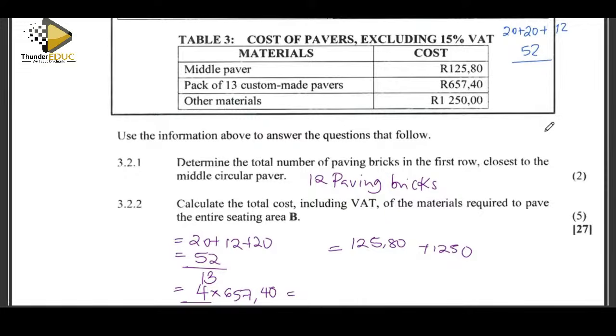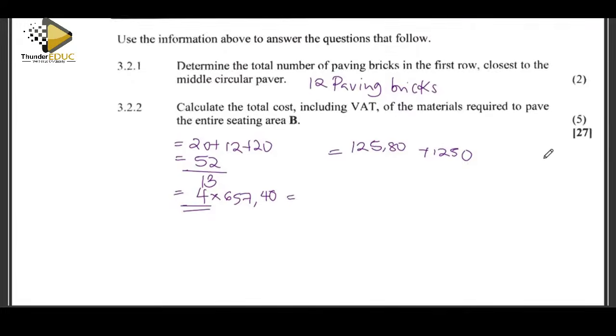125,8 plus 123 plus 4 times 567,40. So this one here, when you add everything, you end up having 4,005 rand. When you add this, you get this much.